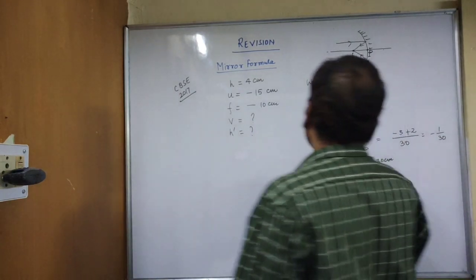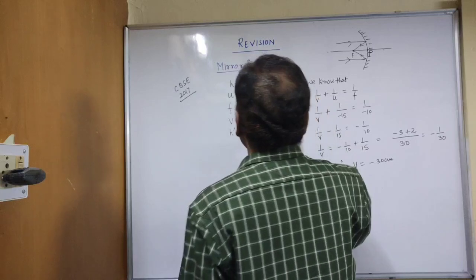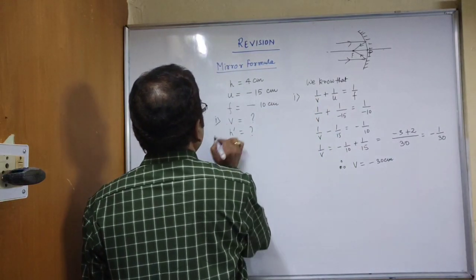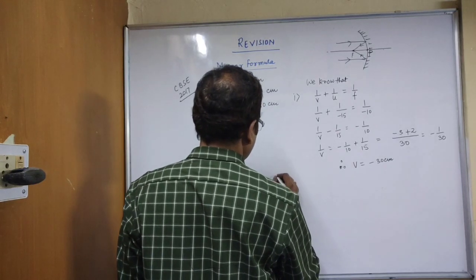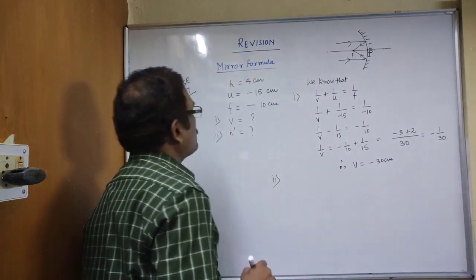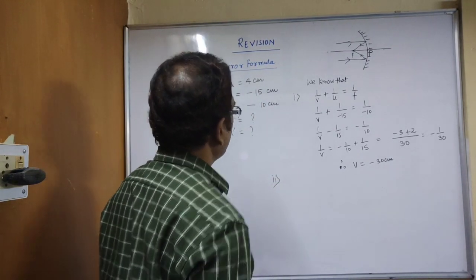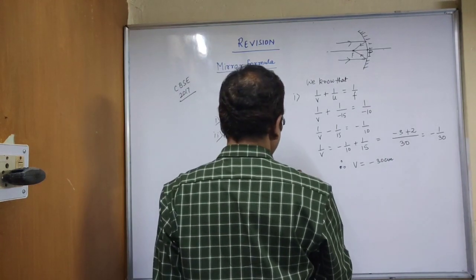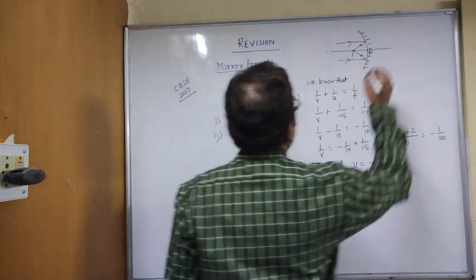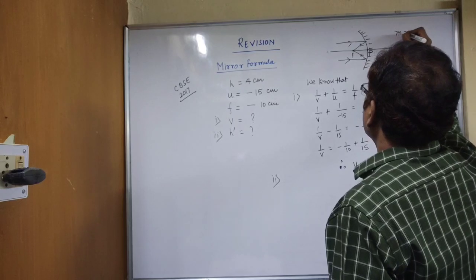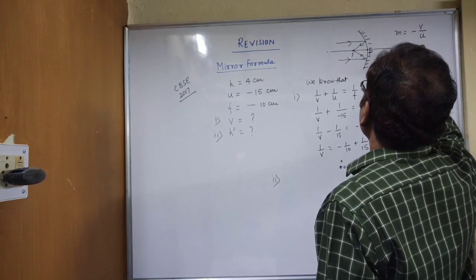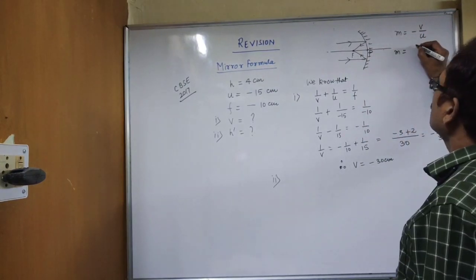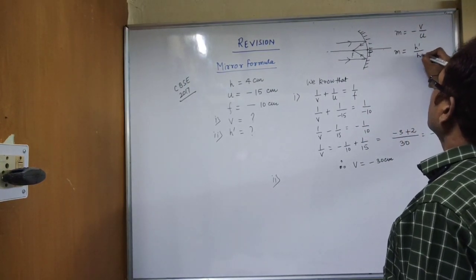So the first thing we have calculated, v, and now we will calculate h dash. To calculate h dash, we have done that magnification is equal to minus v by u. We have also learned that m is equal to h dash by h.